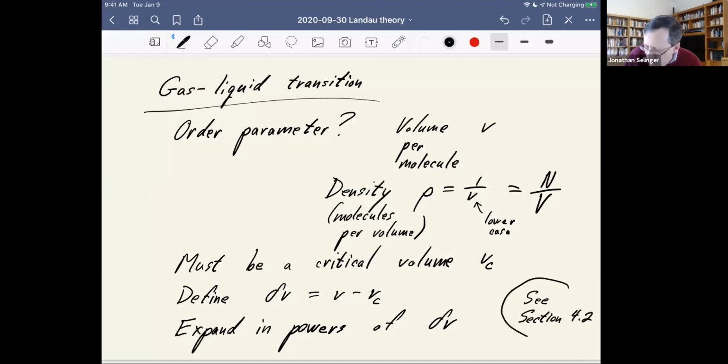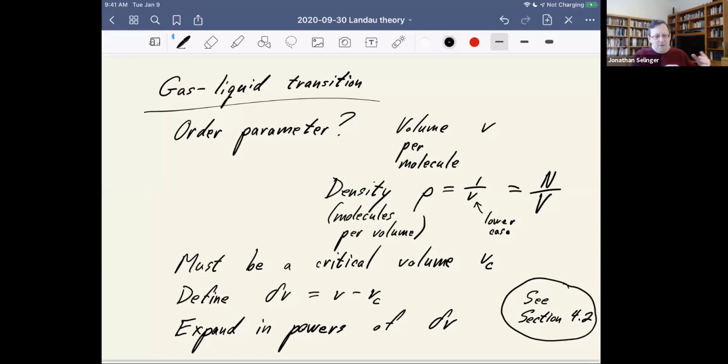All the steps are basically equivalent to what we do for the Ising magnet, but we don't have a perfect symmetry between positive and negative delta V. That is, there isn't really a perfect symmetry between extra high volume per molecule and extra low volume per molecule. So there isn't a perfect symmetry between gas and liquid, right?